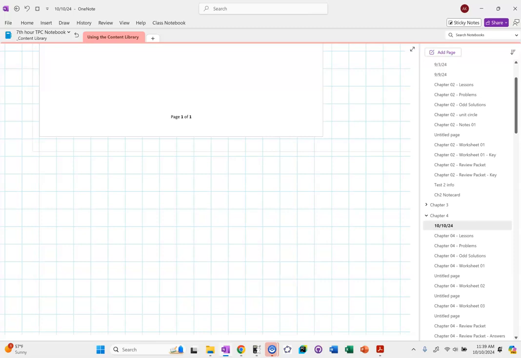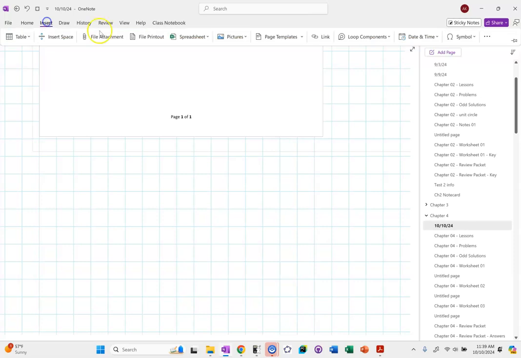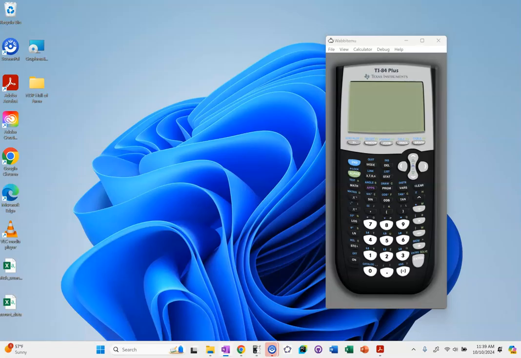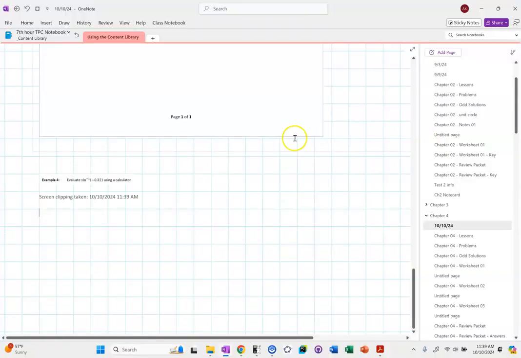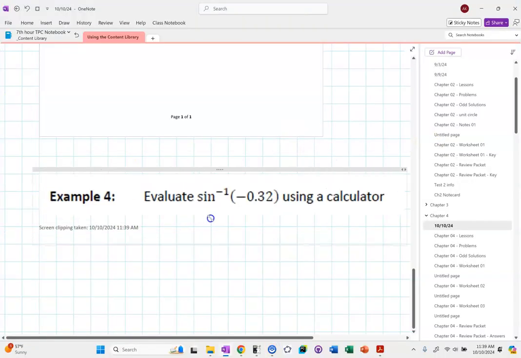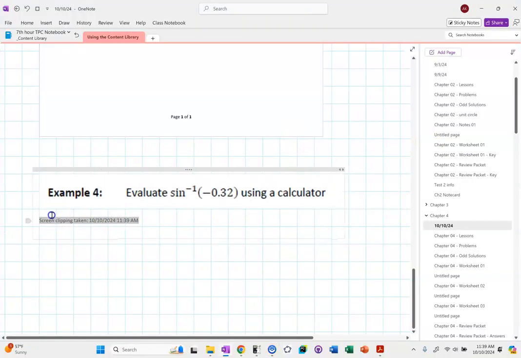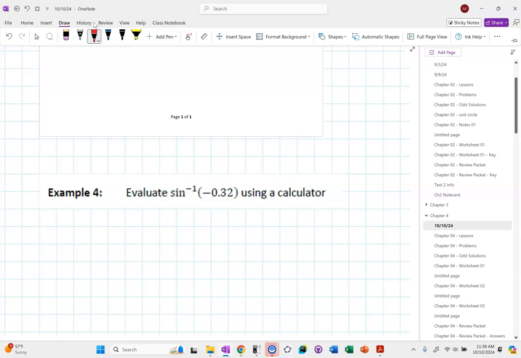What I want to talk about next for today is something like this one. So this says evaluate sine inverse of negative 0.32 using a calculator.